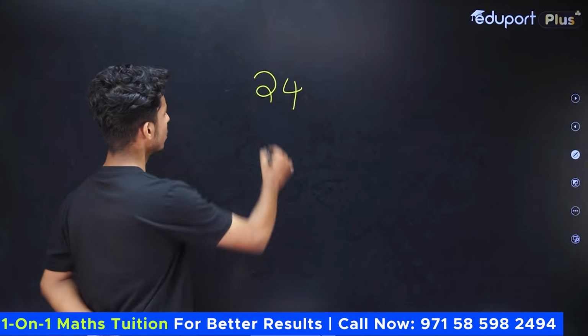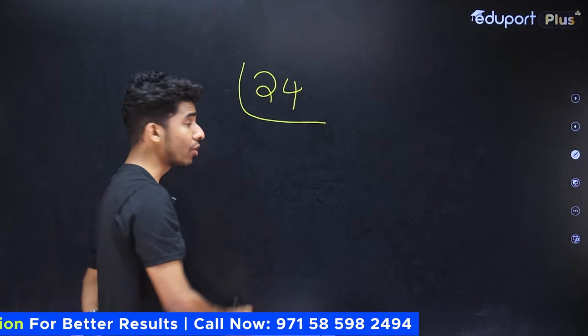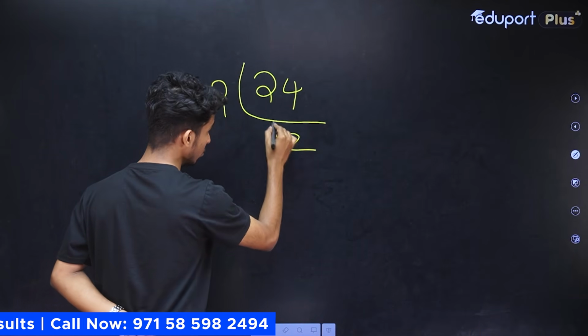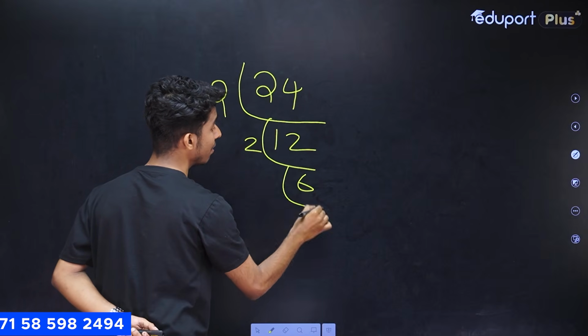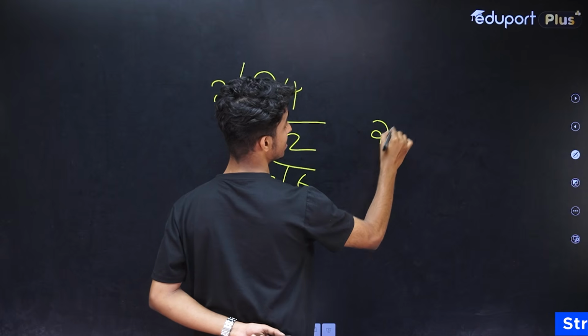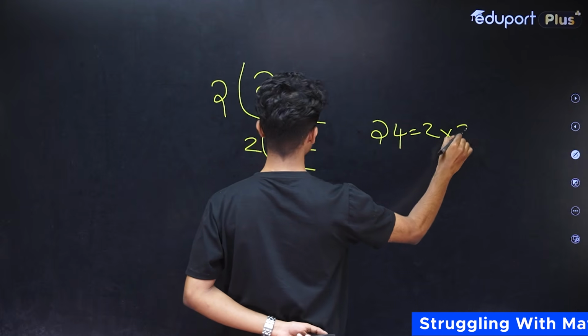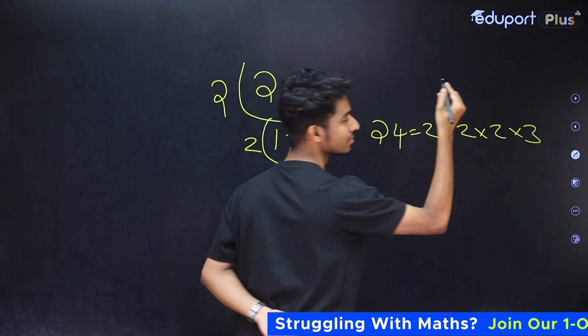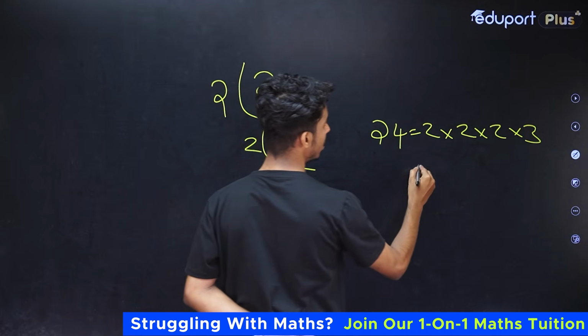How? Look, I'm going to divide 24 by 2, it becomes 12. 12 divided by 2 becomes 6. 6 divided by 2 becomes 3. So, 24 can be written as 2 into 2 into 2 into 3, or else 2 cube into 3.